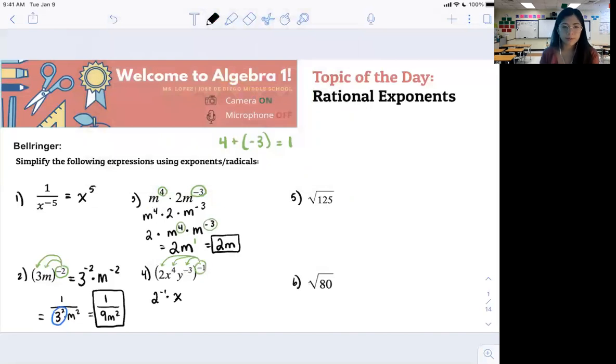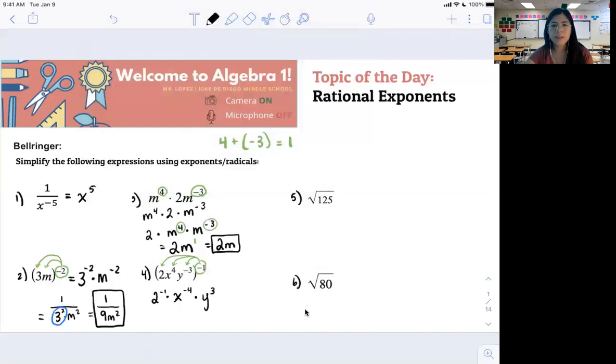So 4 times negative 1 is negative 4. And then what's negative 3 times negative 1? A negative times a negative is a positive. So negative 3 times negative 1 is positive 3.